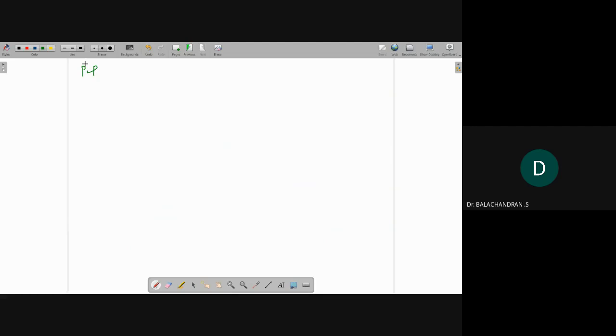First problem is type 5: d square minus 4d plus 4 into y equal to x into sin x.